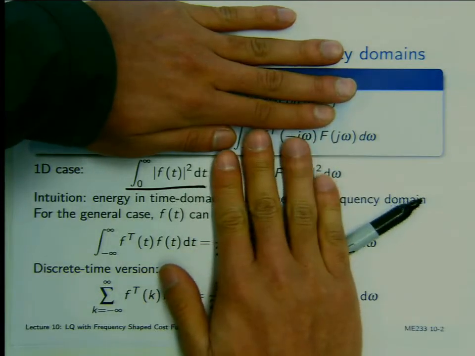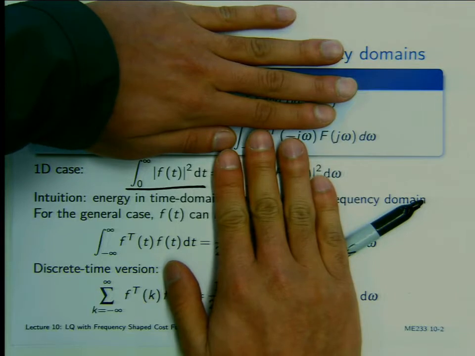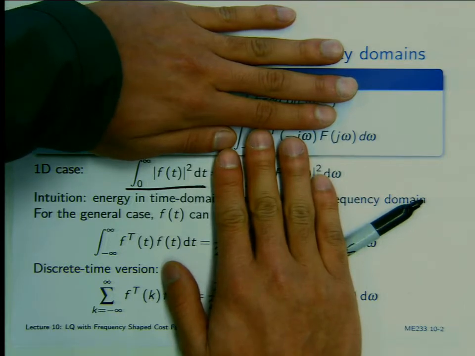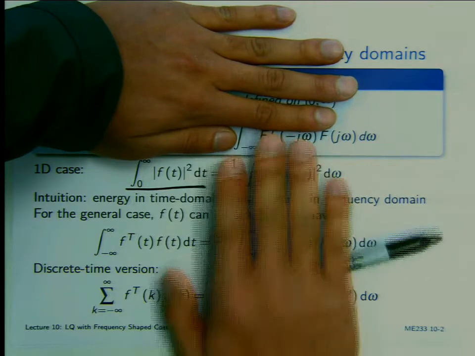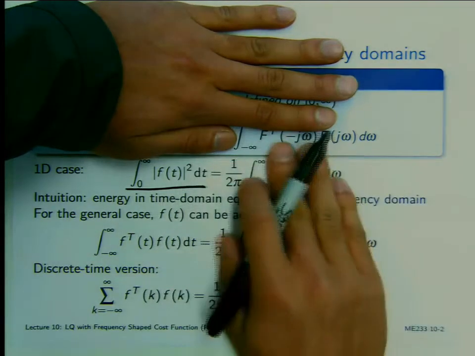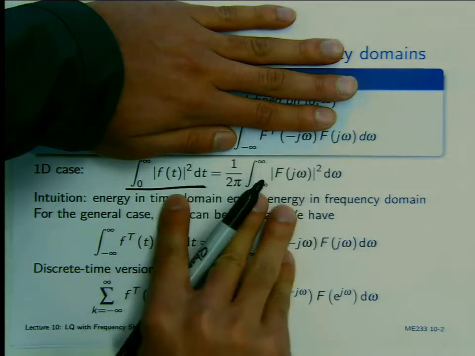What's the intuitive meaning of it? If f(t) is a time domain signal, let's say f(t) is the current in a circuit, the integration of the square of the current, what's that? It's approximately an energy, though there might be some scalings to make it the true energy. But you see, this is an energy function.